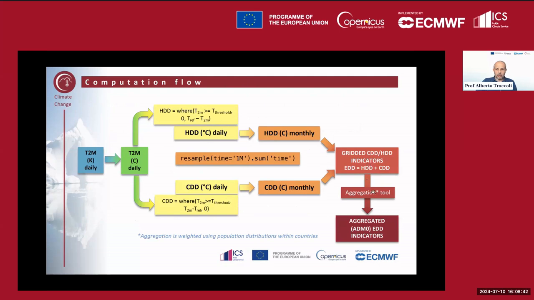The main thing to note is that when we present the data aggregated at country level, because for demand, normally the indicator is provided at country level, we actually use a gridded population data set, which is used as a weight to the indicator. So the HDD and the CDD are weighted according to the population in those countries, and then the country averages are generated.